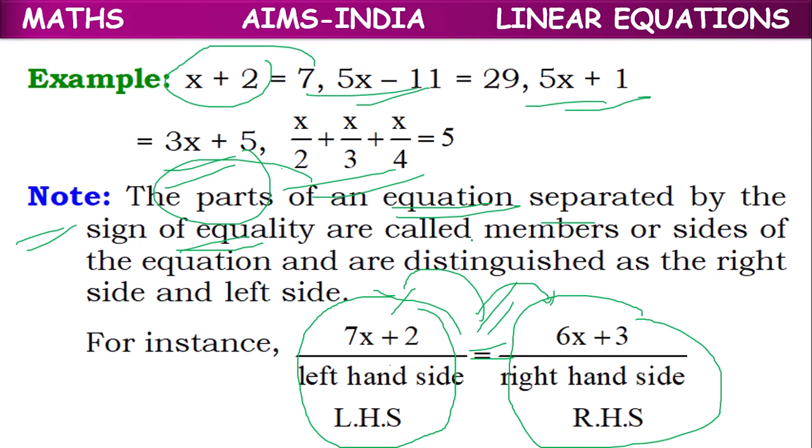These two parts are called members of the equation or sides of the equation. They are distinguished as the LHS part and the RHS part. LHS means left hand side, RHS means right hand side. An equation will have an LHS and an RHS, with LHS equal to RHS.